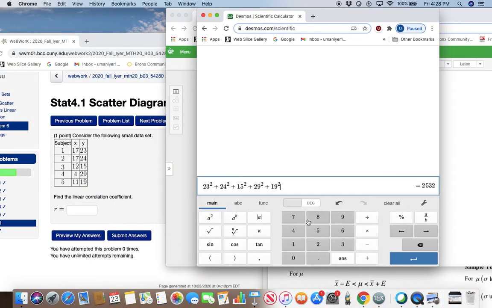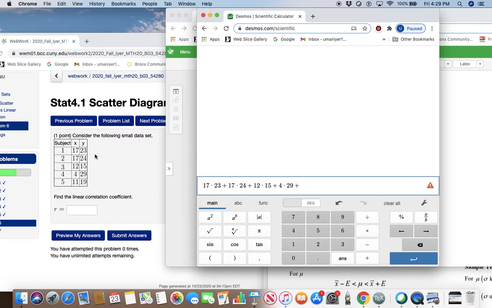The last one is to multiply x and y and add them all together. So let's go. 17 times 23. Add 17 times 24. Add 12 times 15. Add 4 times 29.